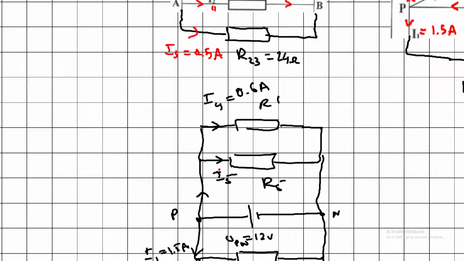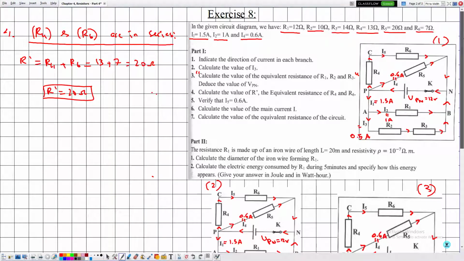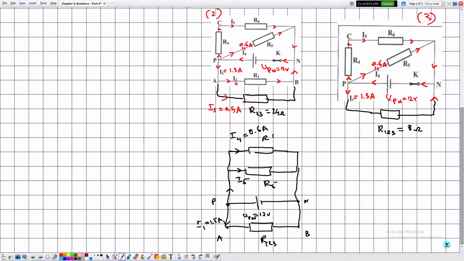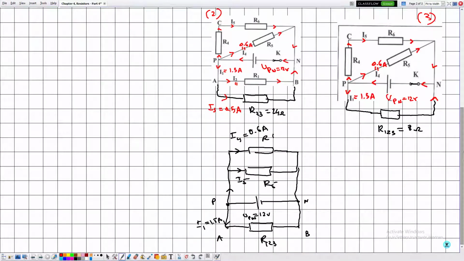So I5 can be simply determined by applying Ohm's law to R5 because we know the value of R5, and the value of R5 is given by 20. So let me apply Ohm's law to R5. So we have agreed that we will not say Ohm's law anymore.